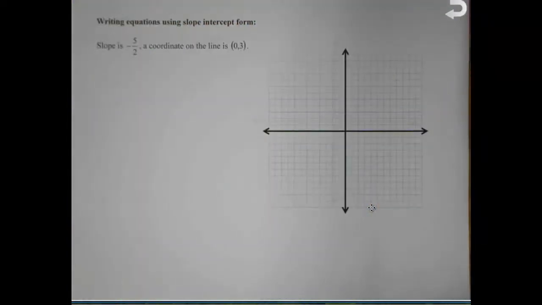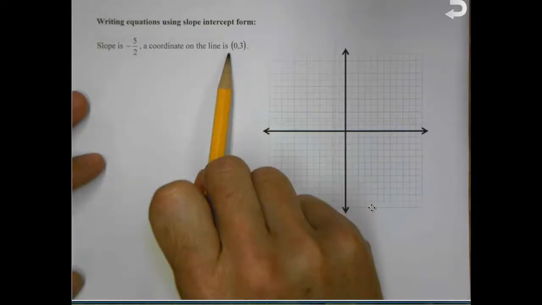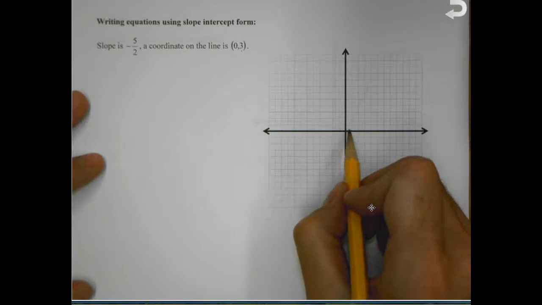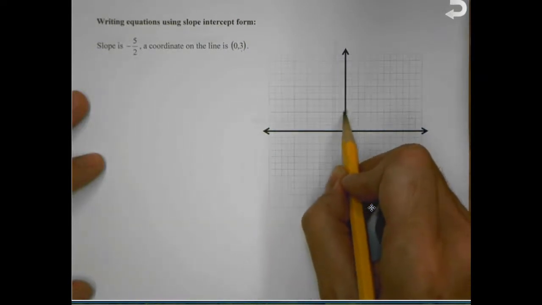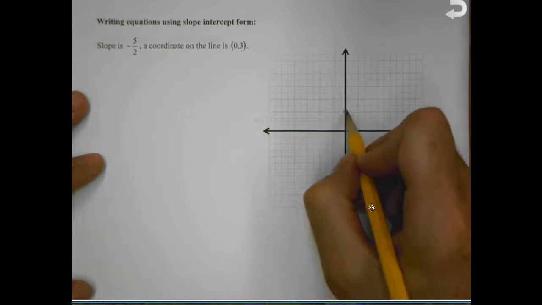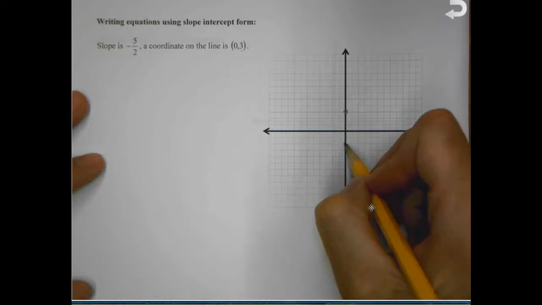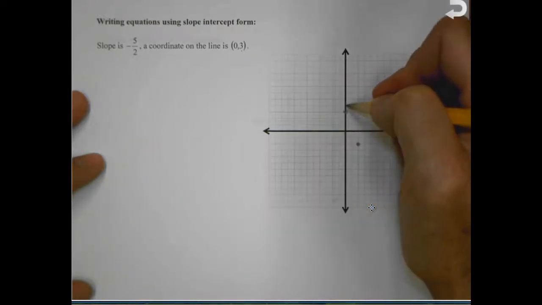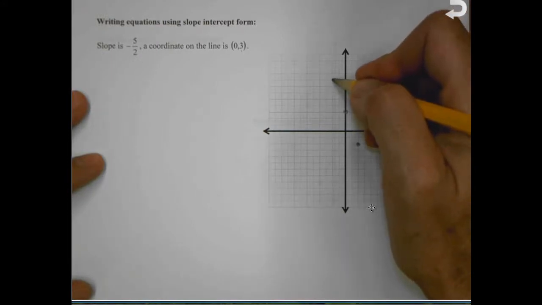Now we'd like to write an equation using the slope intercept form, and I know my slope is -5/2 and a coordinate on my line is (0, 3), and I can graph that really quickly now. If I go 0 in the x direction, 1, 2, 3 in the y direction, I can find one point by going -5, 2, 3, 4, and a +2, and the other point by going a +5 and a -2.